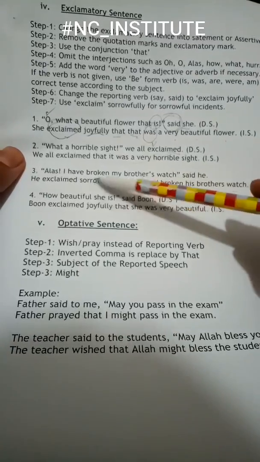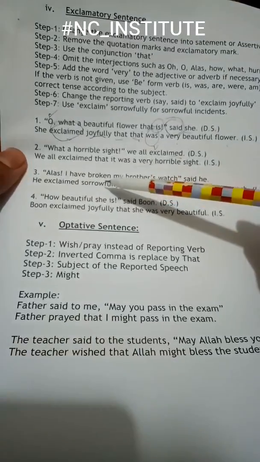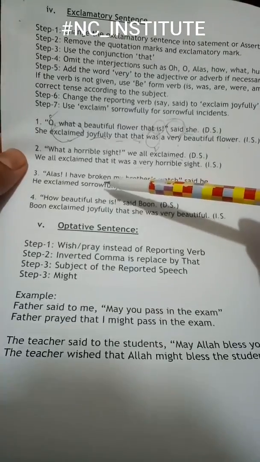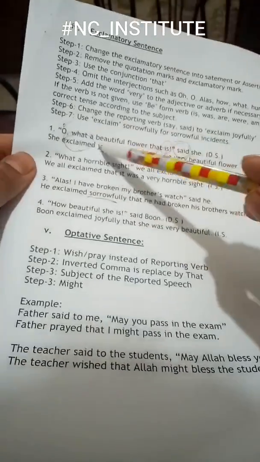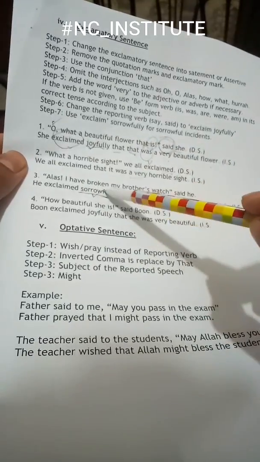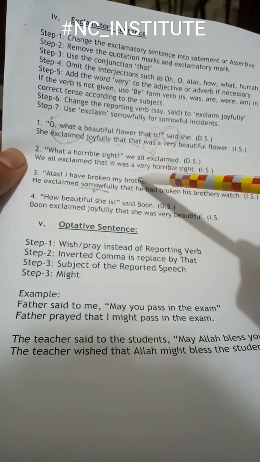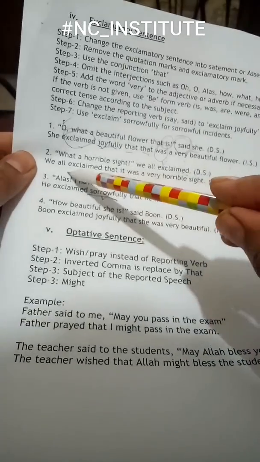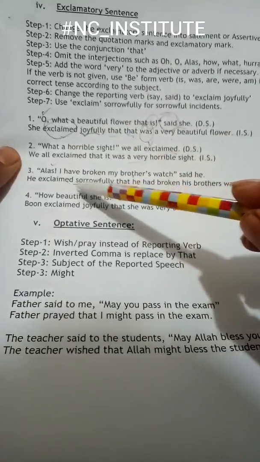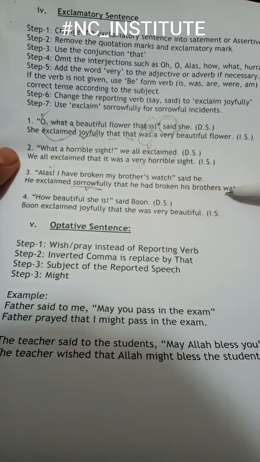As you can see, it was his expression of sorrow, his shock. That's why I exclaimed sorrowfully. Instead of joyfully, I use sorrowfully depending on his reaction to the incident. He exclaimed sorrowfully that he had broken his brother's watch.